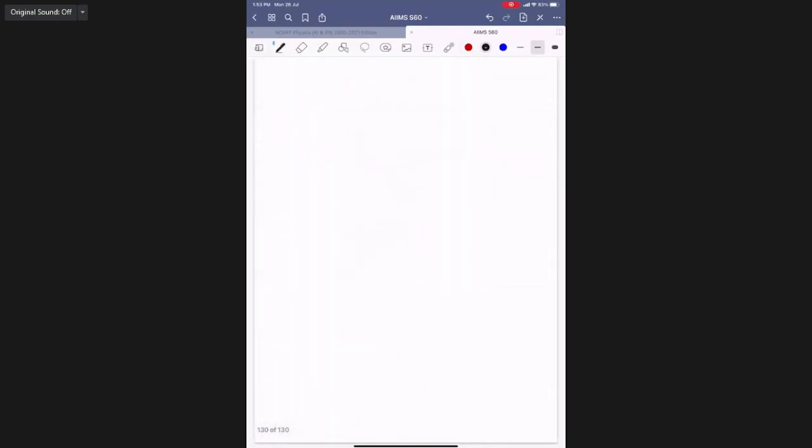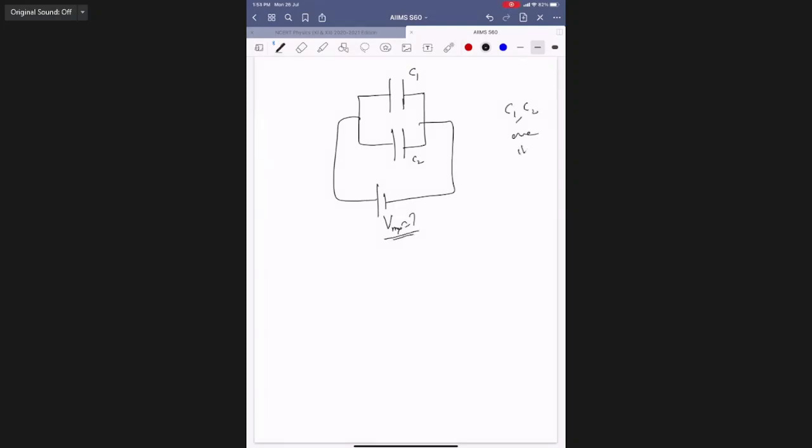Right. Suppose these two capacitors, same C1, C2, are connected in parallel. What is the maximum voltage so that C1 and C2 are in safe condition?